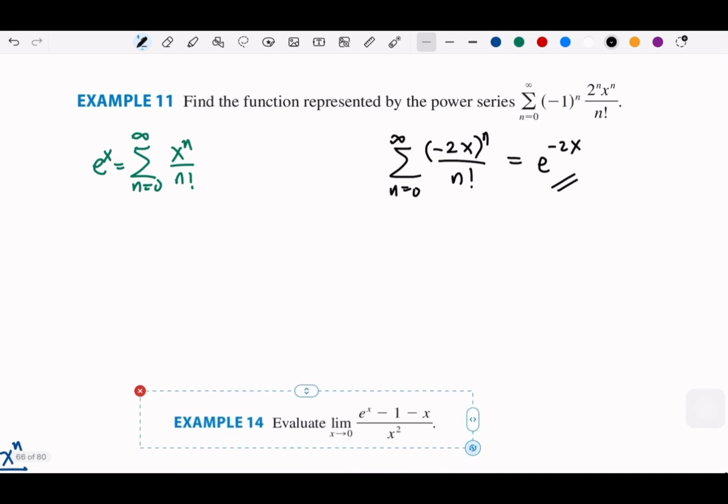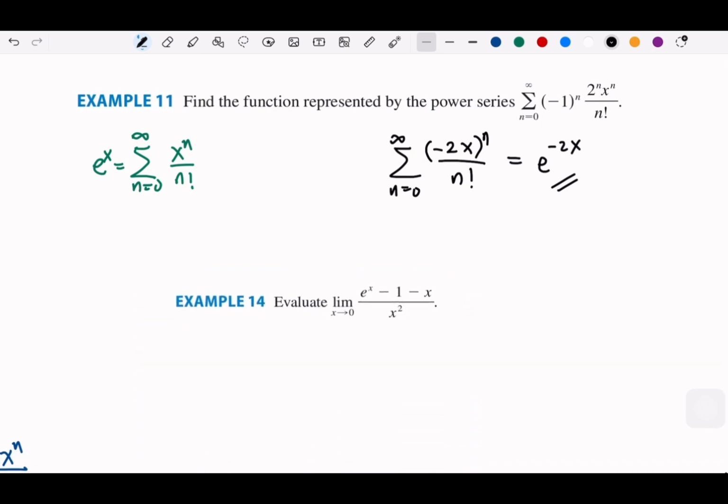And aside from converting the series to function or from function to series, we can also use the series to evaluate a limit. For example, you have this limit. What we can do is basically exchange the functions.